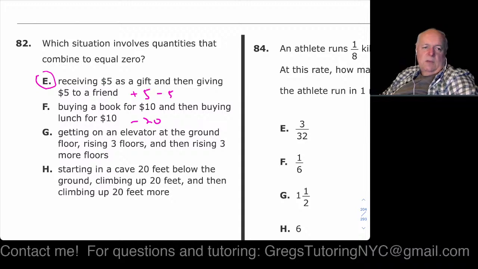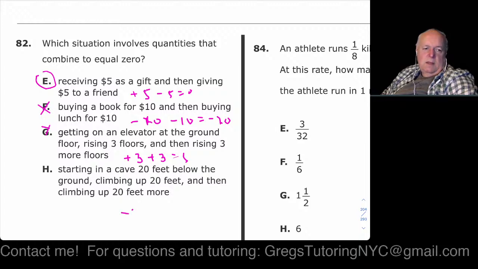Okay, this one you're down 10 and then you're down 10 more. So that's equal to minus 20. They're giving this for some reason, so that's why I'm explaining it. You're getting on an elevator at the ground floor, you go 3 floors up, and then you go 3 more floors up. So you've gone up 6 floors. So it's not F, it's not G. And then you're starting in a cave 20 feet below the ground.